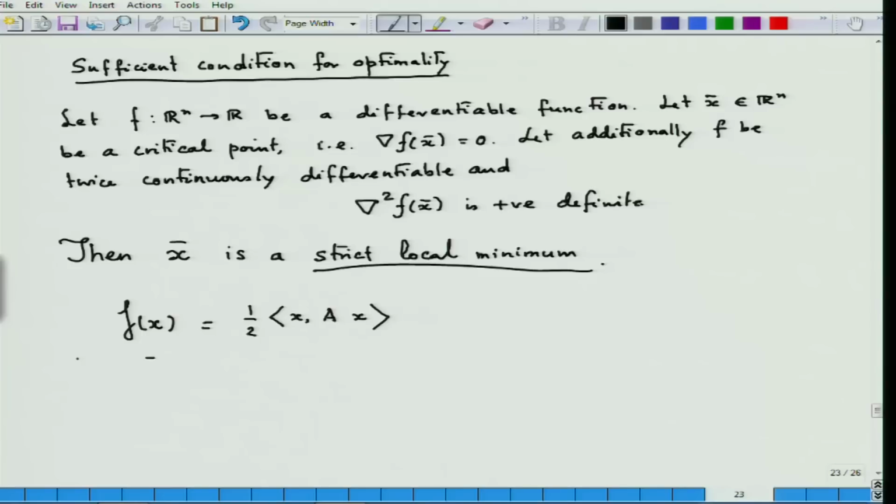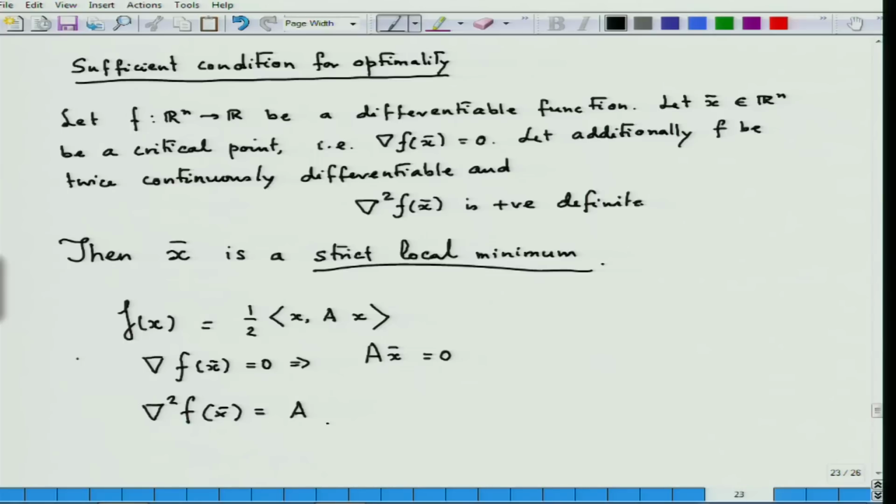Then grad of f at x bar equal to 0 would imply A x bar is equal to 0. But if A is positive definite, then you will observe that the Hessian matrix is A here.